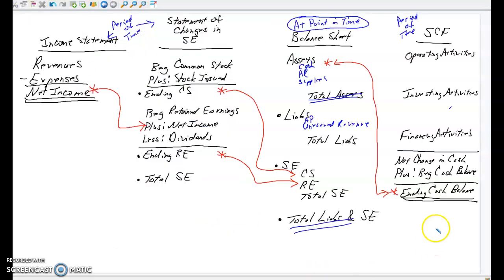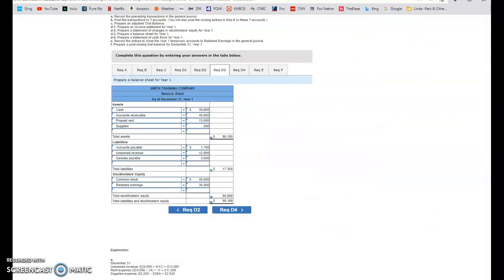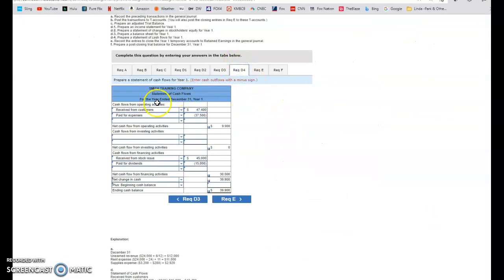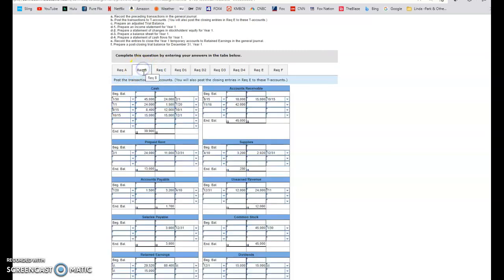Okay, and then the last financial statement we'll do is the statement of cash flow, where we do the three activities. So we're going to see operating, investing, and financing. Theoretically, we're going to have the positive cash coming in, and the cash going out, so cash in and cash out.